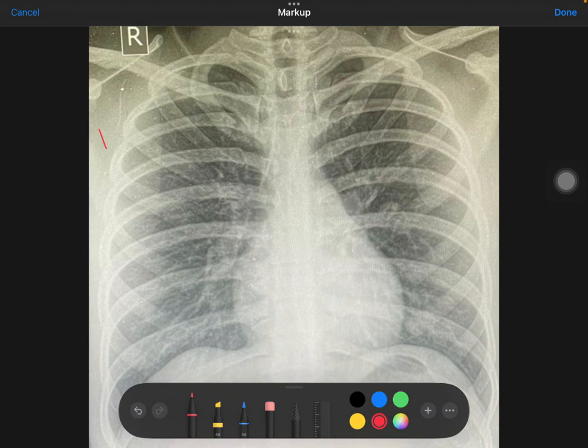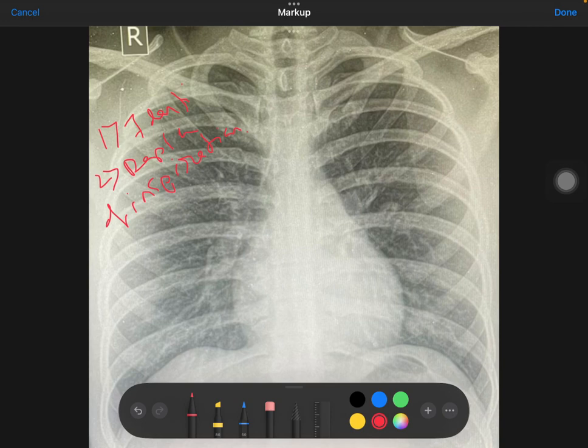First, what we saw is identification. Second, what we are seeing is depth of inspiration. Sorry, my handwriting is not that good. Now, how will you see depth of inspiration? We have to count the anterior ribs.